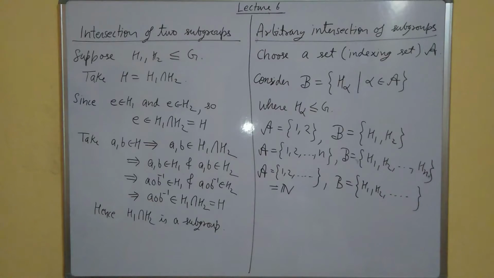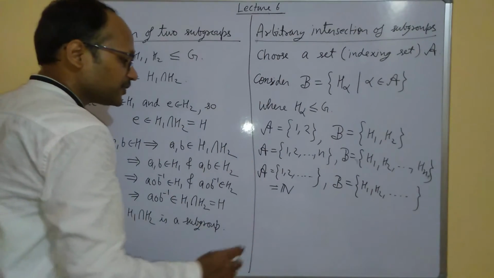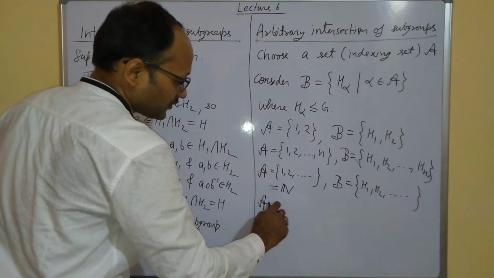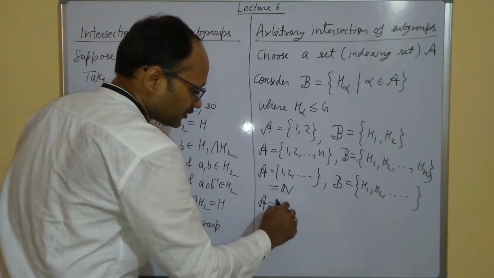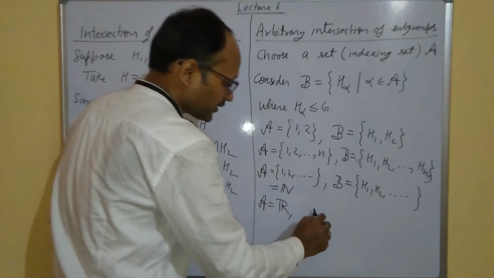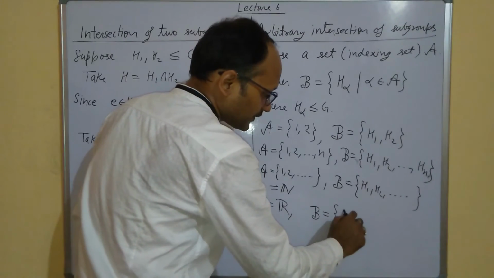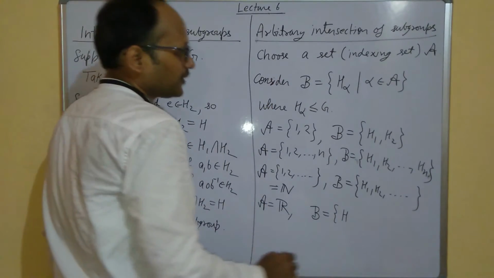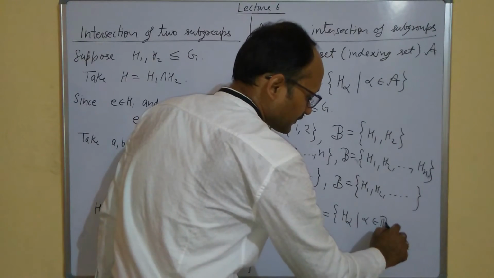So B has infinitely many elements. Suppose now A is equal to R. This means B is H alpha such that alpha belongs to R.